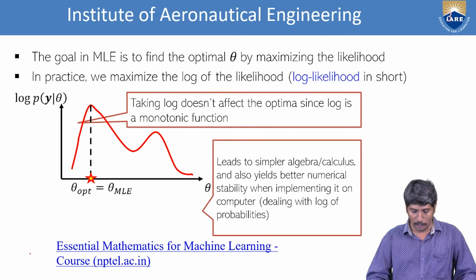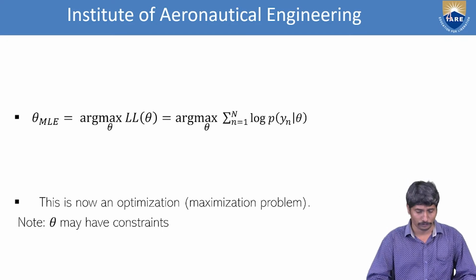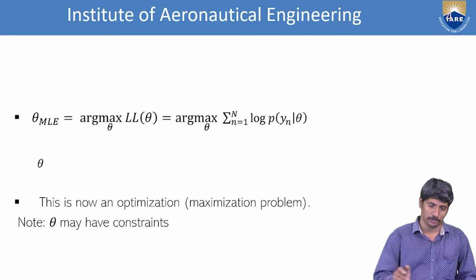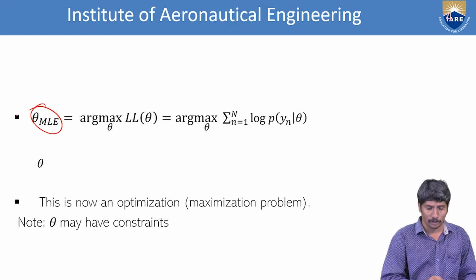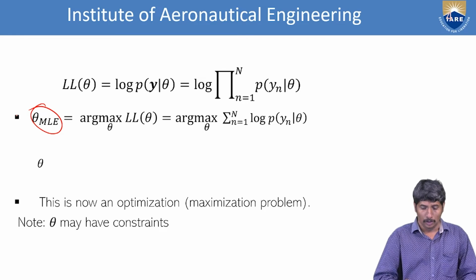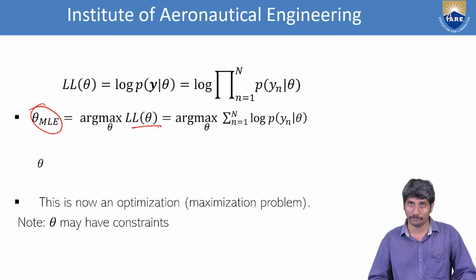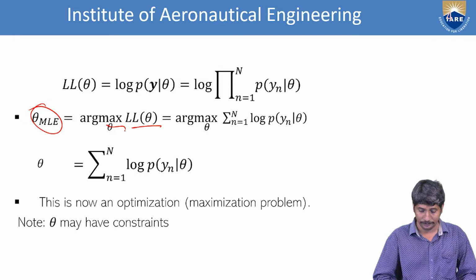Okay, now, in brief, our challenge is maximum likelihood. That means to find the maximum likelihood of theta. First you will construct the likelihood function of theta. Then you will maximize that.